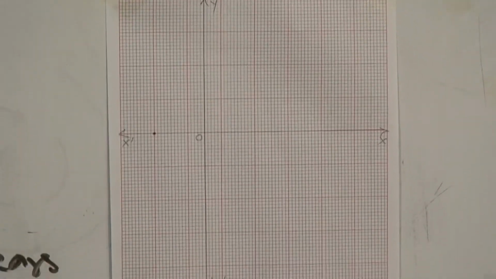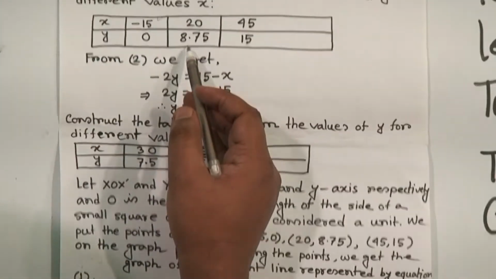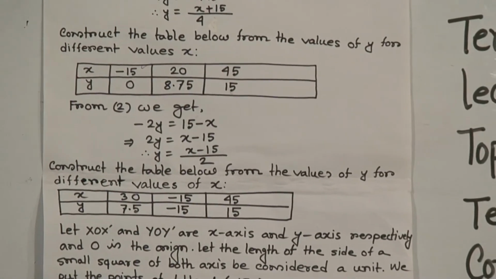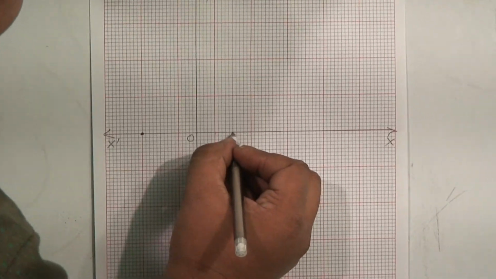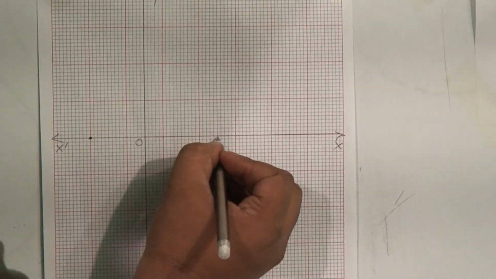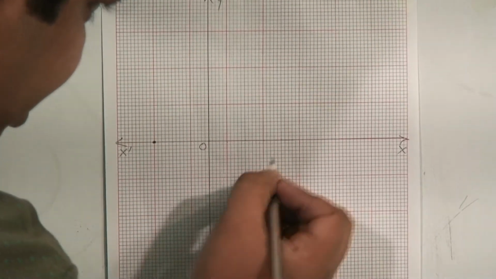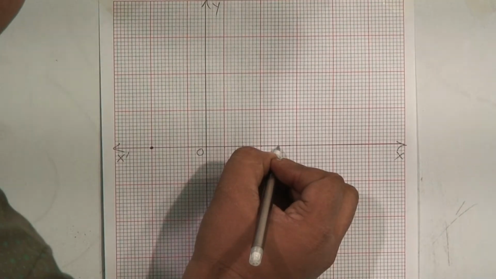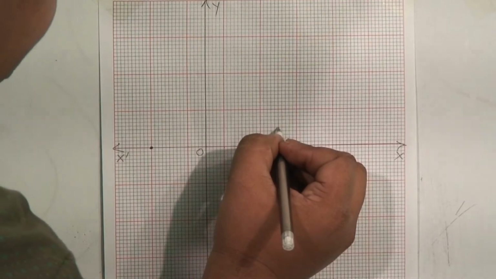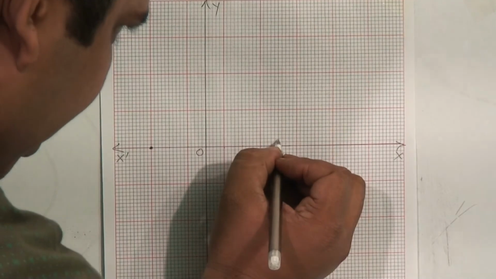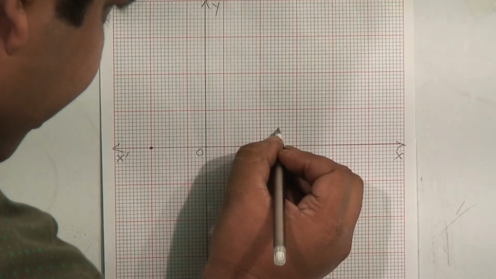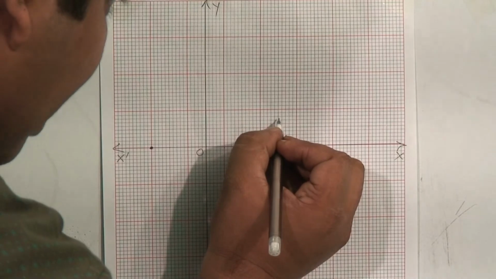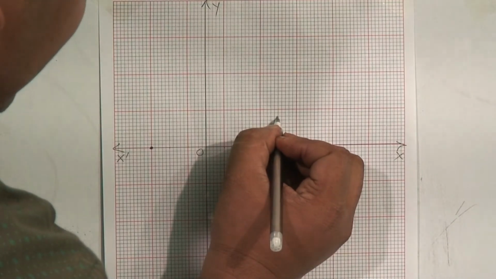Next you notice (20, 8.75). Here is 0, 5, 10, 15 and this one is 20, and 8.75. That means at first we go to 8: 1, 2, 3, 4, 5, 6, 7 and 8, and then 8.75.